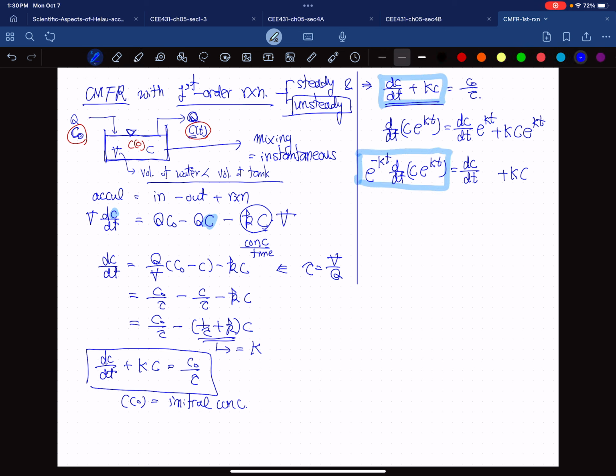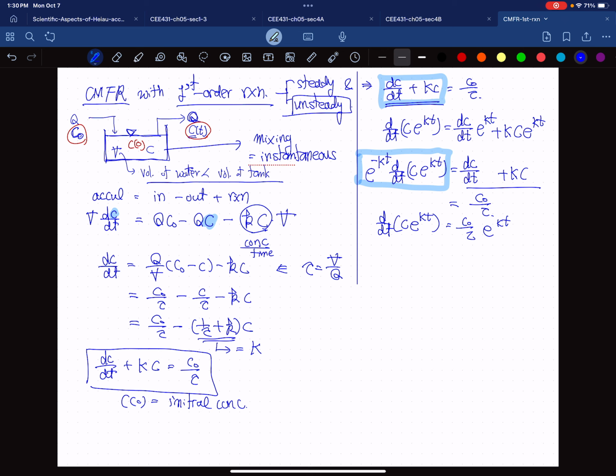Therefore on the right-hand side this should equal C naught over tau. Now you multiply exponential Kt on both sides to have d over dt of C exponential Kt equals C naught over tau exponential Kt.